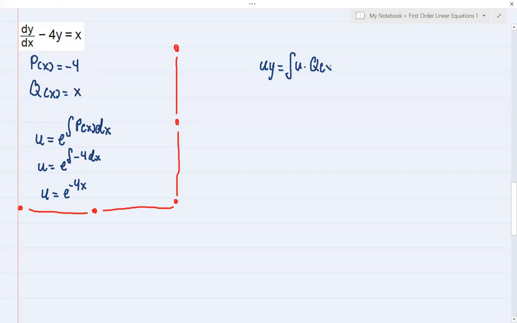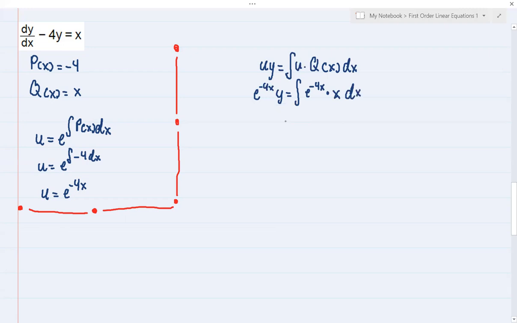Okay. So let's substitute. Your u here is your e raised to negative 4x. Times y is equal to the integral of your u, once again e raised to negative 4x, times your q of x, which is your x.